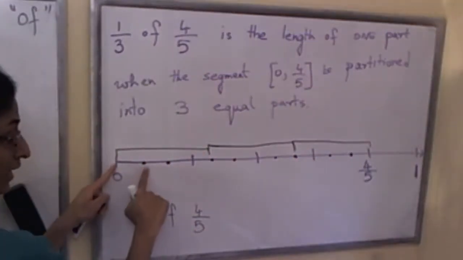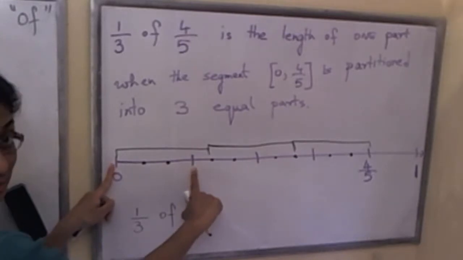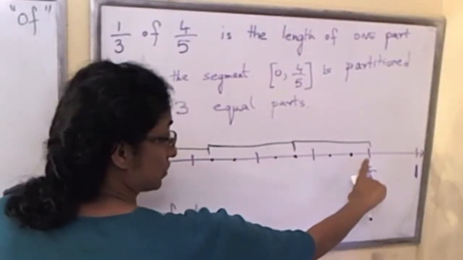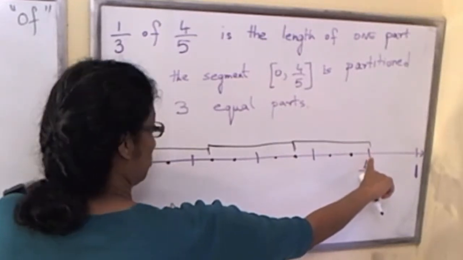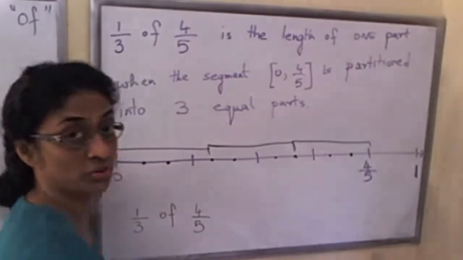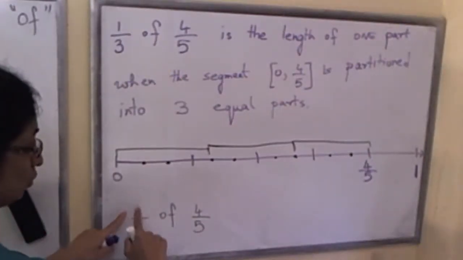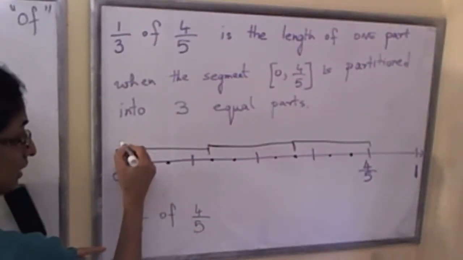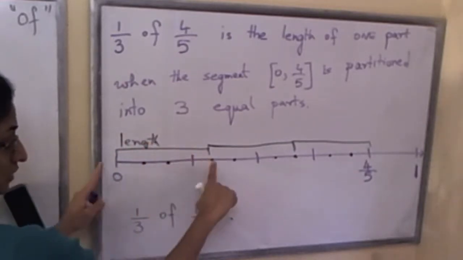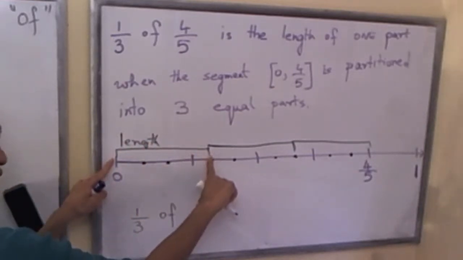So by subdividing each of these into 3 equal parts, I've now successfully used that idea to partition this segment into 3 equal parts. So by definition, 1/3 of 4/5 is really the length of this part.